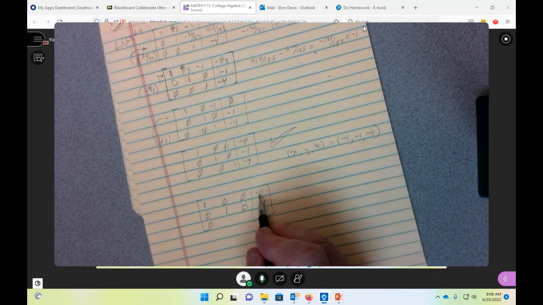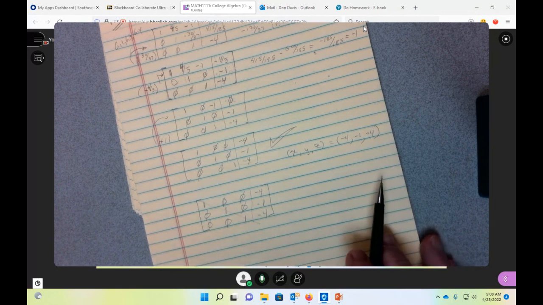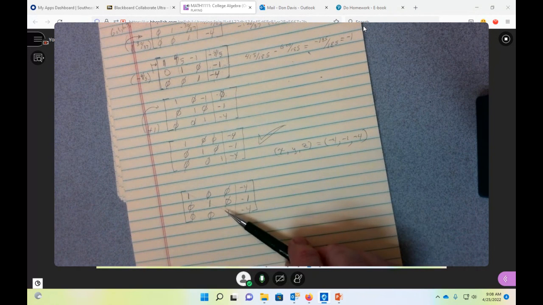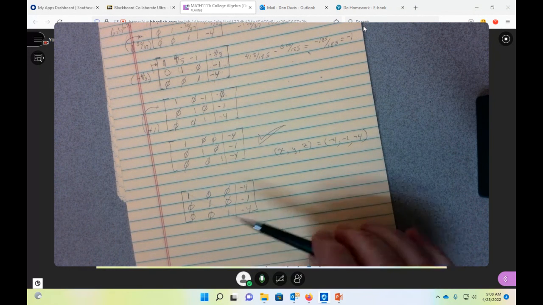There's a -1 here, a 0 here, a 1 here, and a -4 here. Now, the key thing I want you to pay attention to is the format of this matrix, where we have these ones down the diagonal. Now, we're going to find that there's something special about the matrix when we get it in this form, other than just being, oh, I can just read off what the answers are. Now, x is -4, y is -1, z is -4.